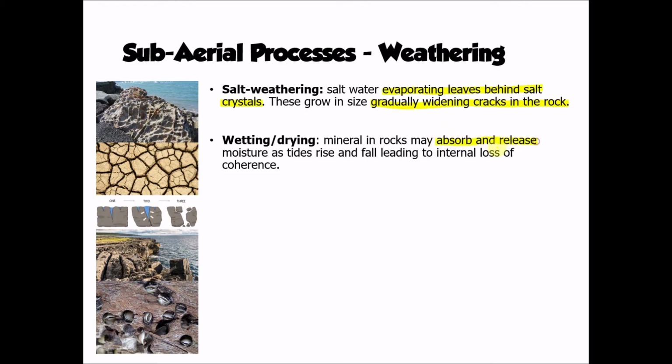So as they do that, maybe with rainfall or tides rising and falling, those rocks become weaker. They lose their coherence and their structure, and you can see how the rock on the left hand side here has been cracked as it expands and contracts as a result of that wetting and drying process.